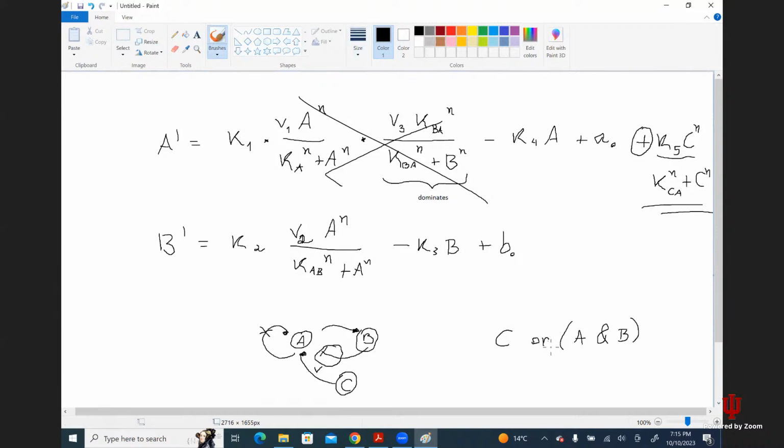Yeah, that's what you want. And so what you would do is write C OR X, using either competitive or non-competitive OR, and then X you would expand as A and B. Oh yeah, I see. Yeah.